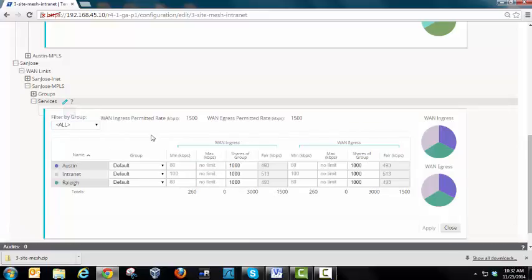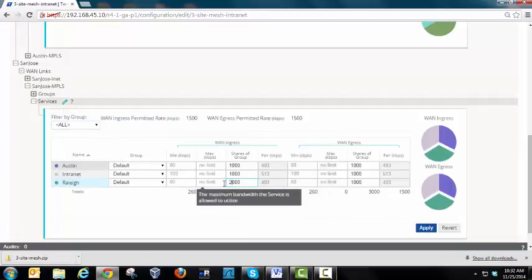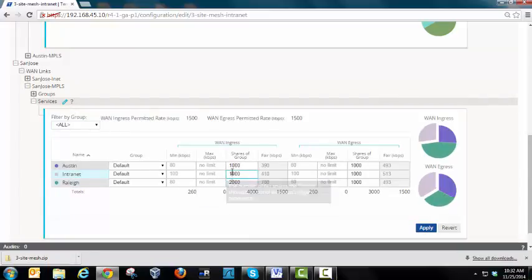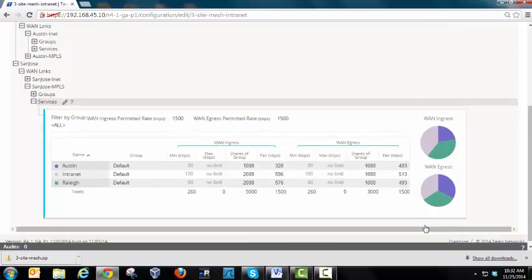Maybe Raleigh is now 2,000, and the conduit to Austin is 2,000, or actually that should be 1,000, and the intranet is 2,000, because being able to get to the other sites is also quite important. And then you can see the fair share breakdown of how it breaks down.